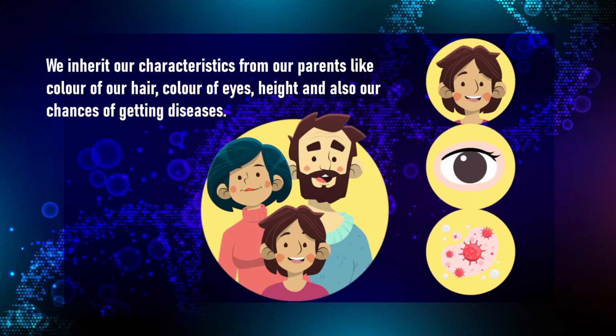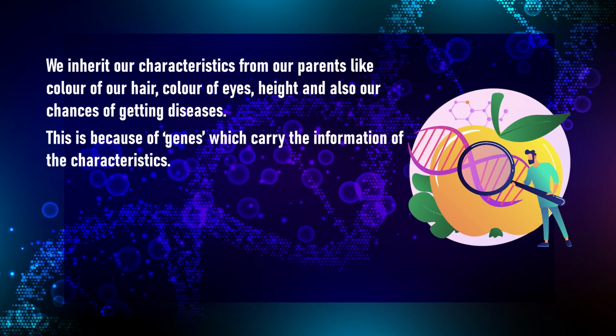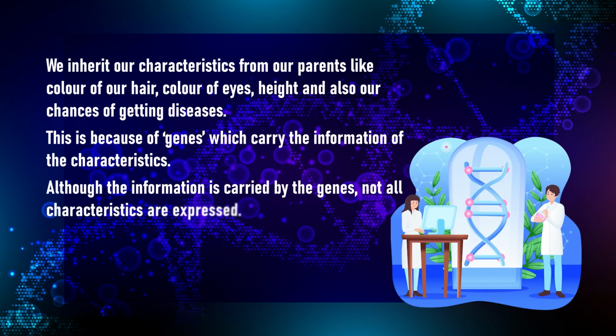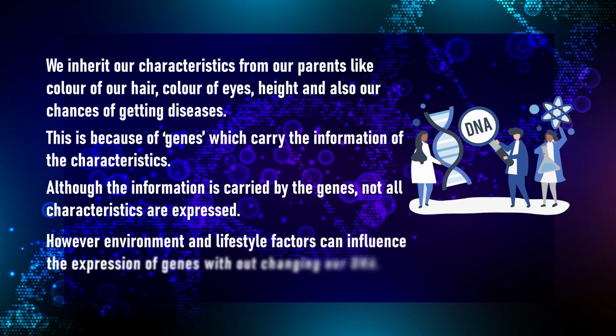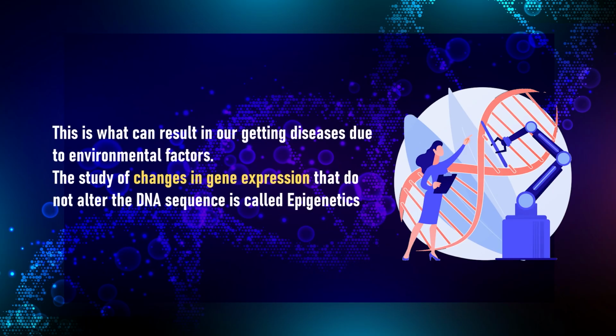When this information is carried by genes, not all characters are expressed. The environment can result in expression or non-expression of these genes, and that's how we can intervene to some level in the development of disease. We call this phenomenon epigenetics. The study of gene expression is known as epigenetics.